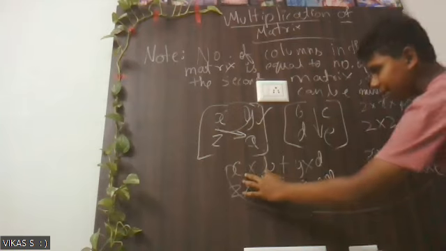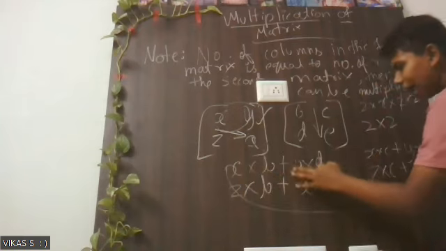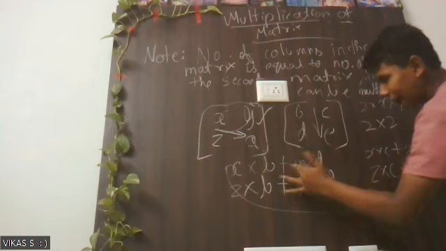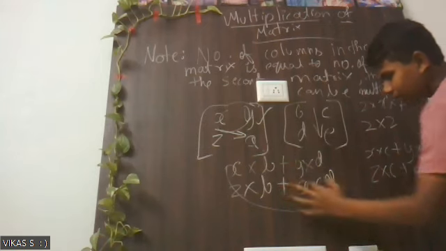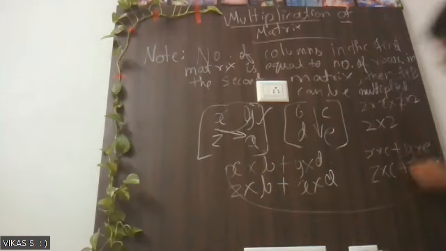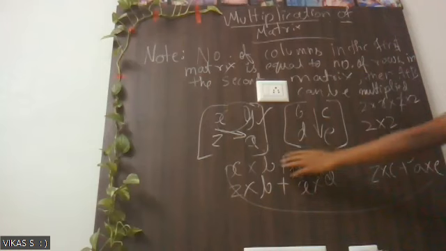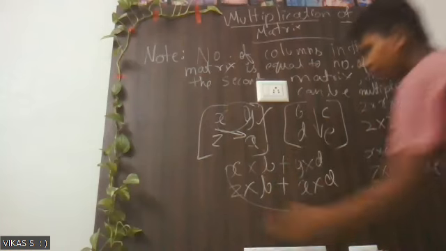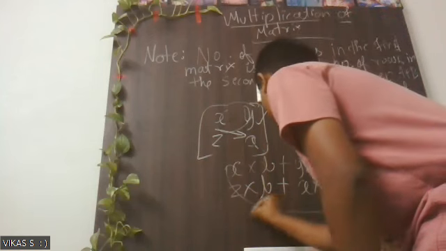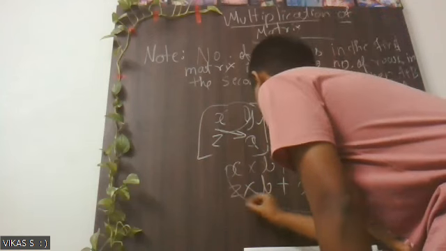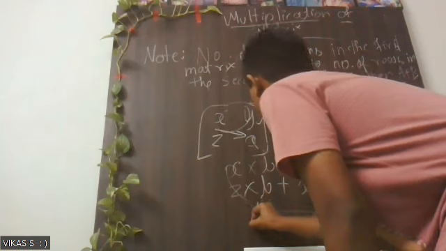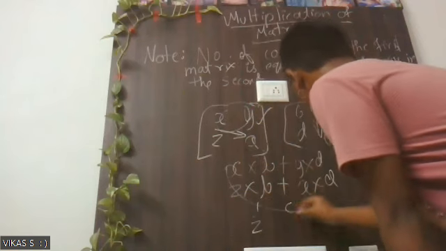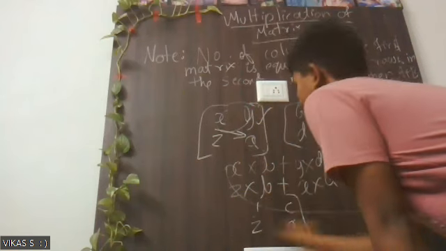So you multiply these two, you add; you multiply these two, you add, one term. Multiply, multiply, add; multiply, multiply, add. So how many terms? 1, 2, 3, 4. So imagine you get Z, C, A. Just imagine.